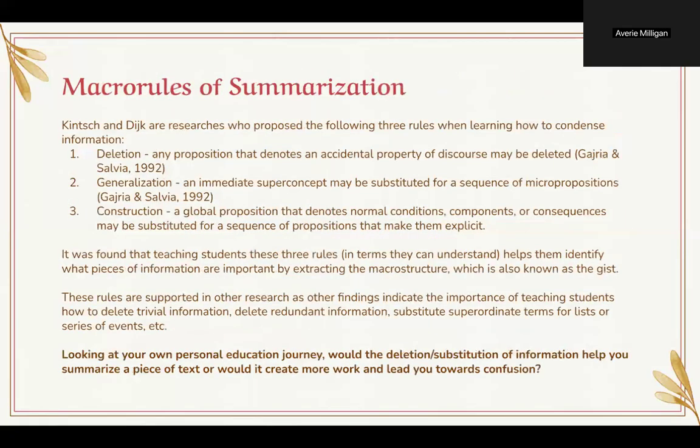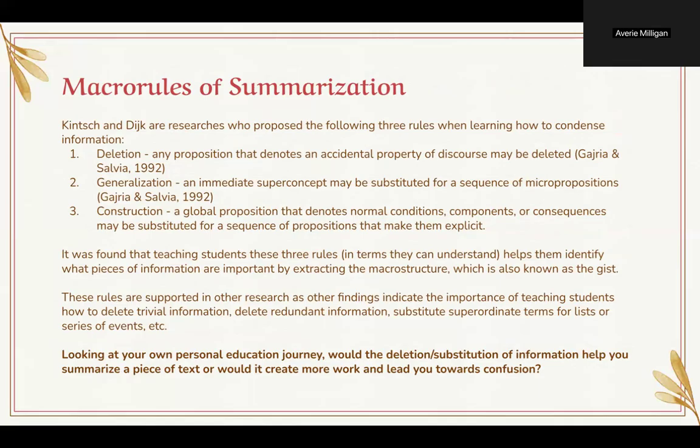Now I would like to look at the macro rules of summarization. So these two researchers proposed the following three rules when learning how to condense information and ultimately summarize a piece of text. They thought that deletion, which any proposition that denotes an accidental property of discourse, may be deleted.